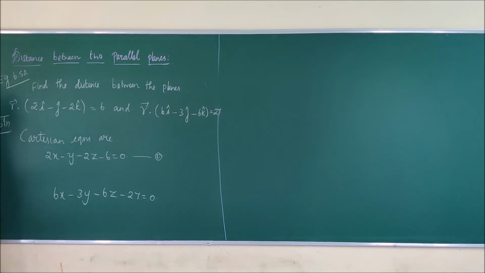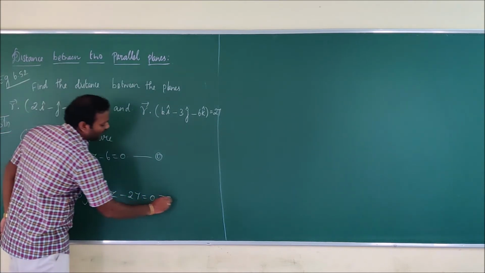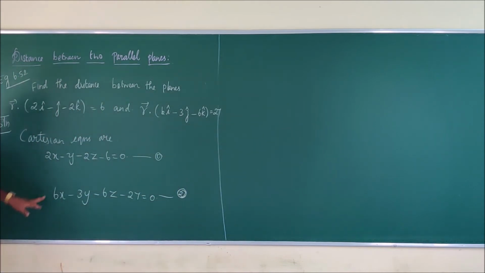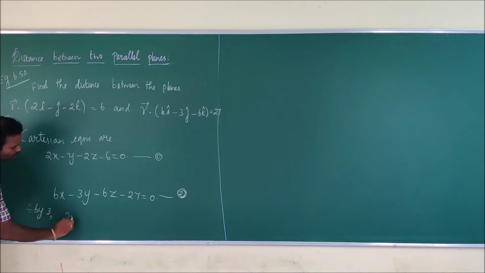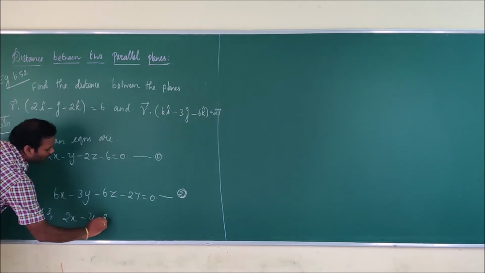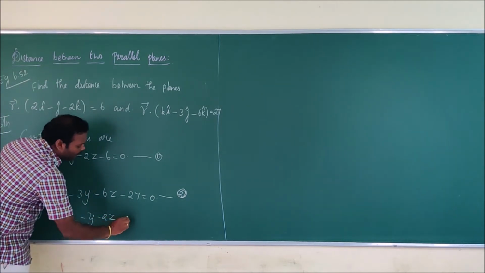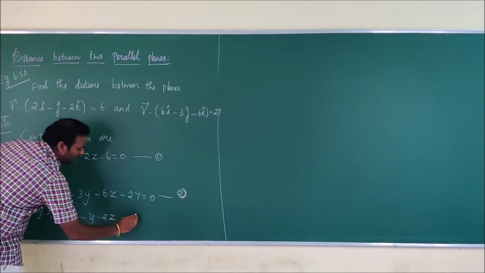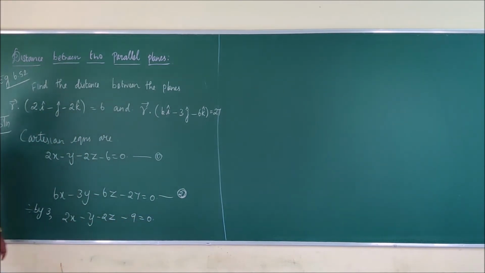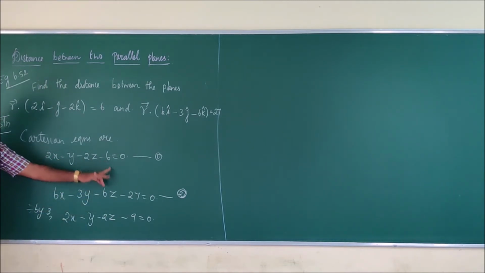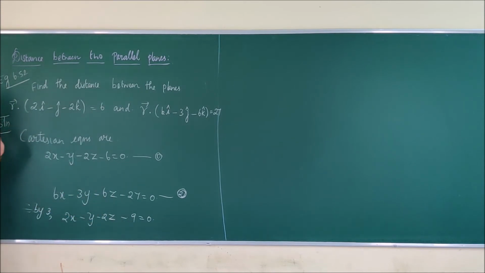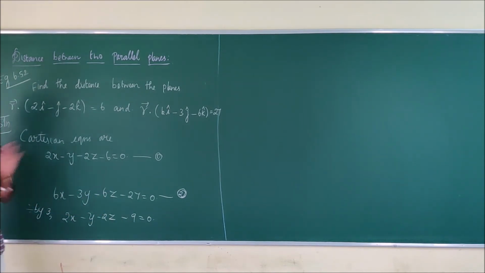So to confirm the given planes are parallel, I am going to divide the second equation by 3. You will get 2x minus y minus 2z, and dividing 27 by 3, minus 9, equal to 0. When you compare these equations, the two equations differ only by the constants.